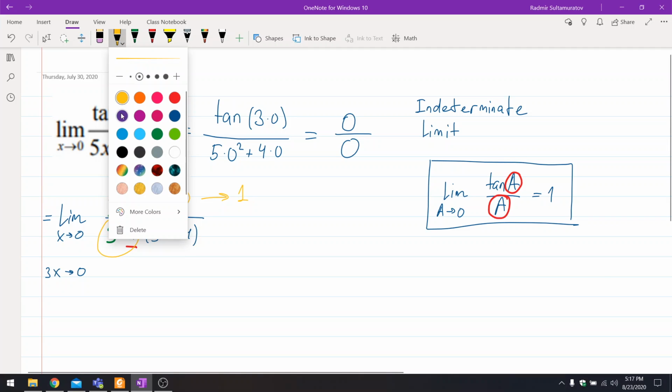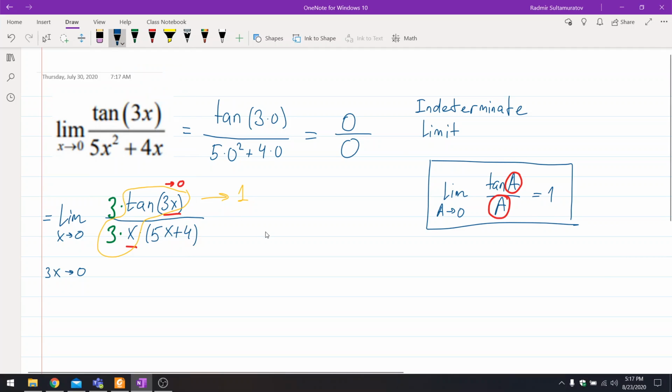And then we get this. Again, limit x approaches 0. And on top we have 3 times 1. And on bottom we would have 1 times 5x plus 4.